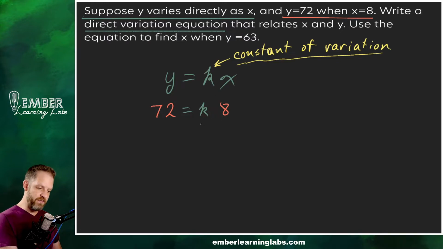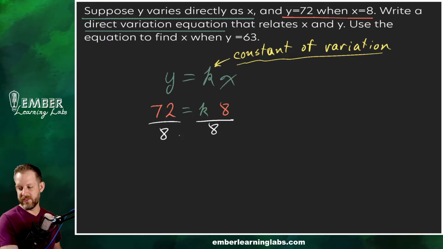So how would we solve for k? Well, 8 is multiplied times k. So to get rid of it, what are we going to do? We're going to divide 8 on both sides. 72 divided by 8 is 9, right? Because 9 times 8 is 72.